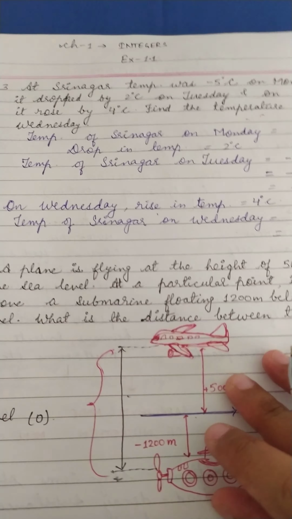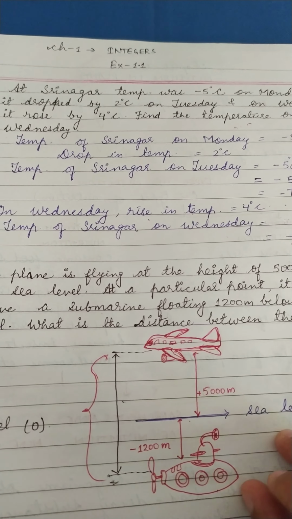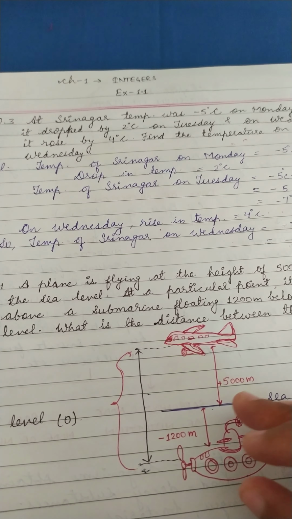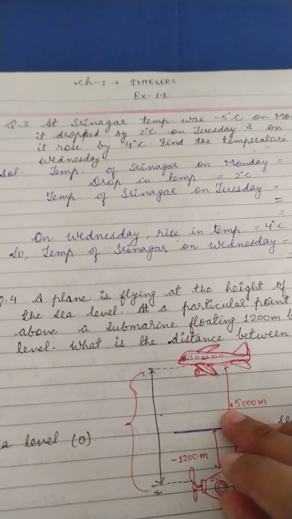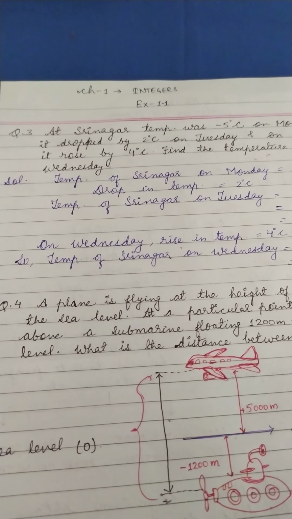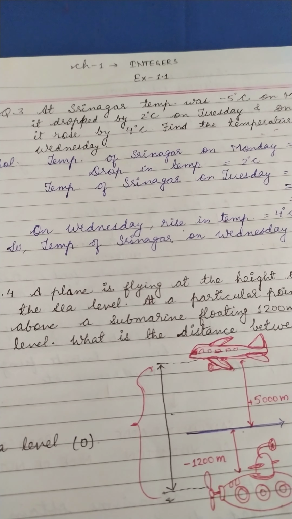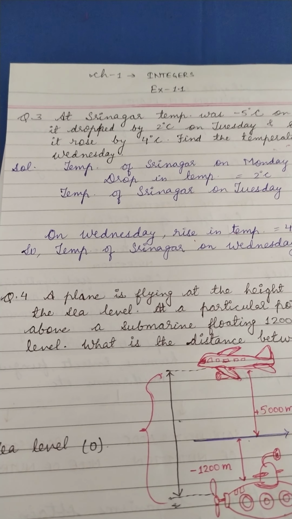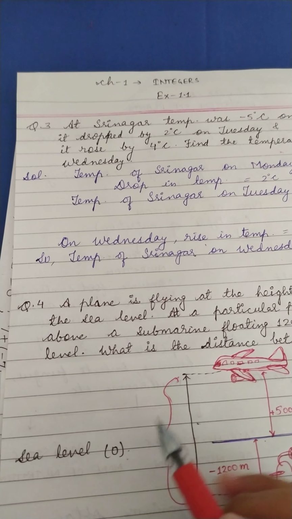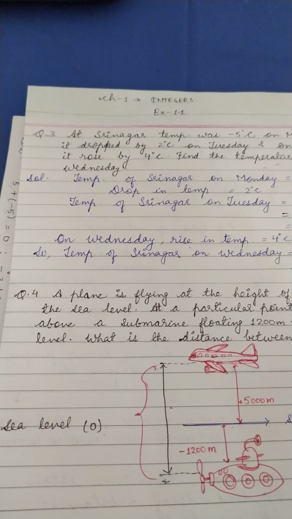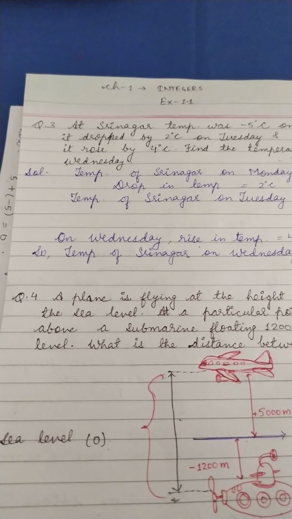Suppose sea level is the level of the ground, right? And above the sea level, it's somewhere up in the sky, and below the sea level, that means if we are going to a pond or lake or sea, okay? So here sea level is 0. Above the sea level means greater the value.